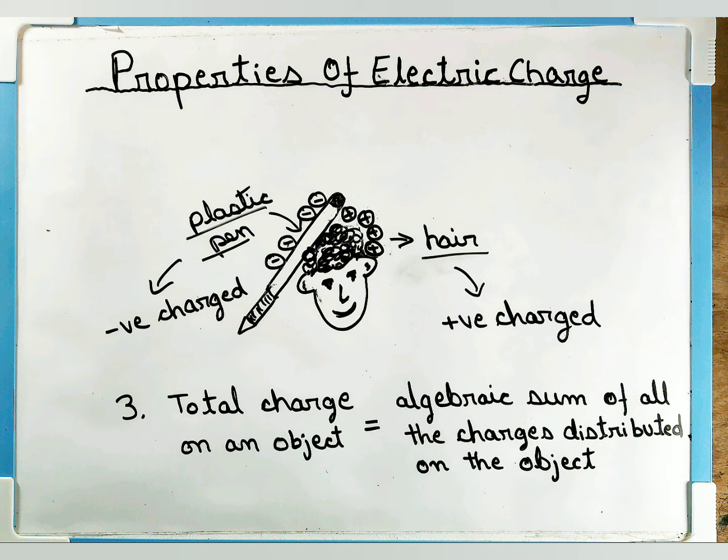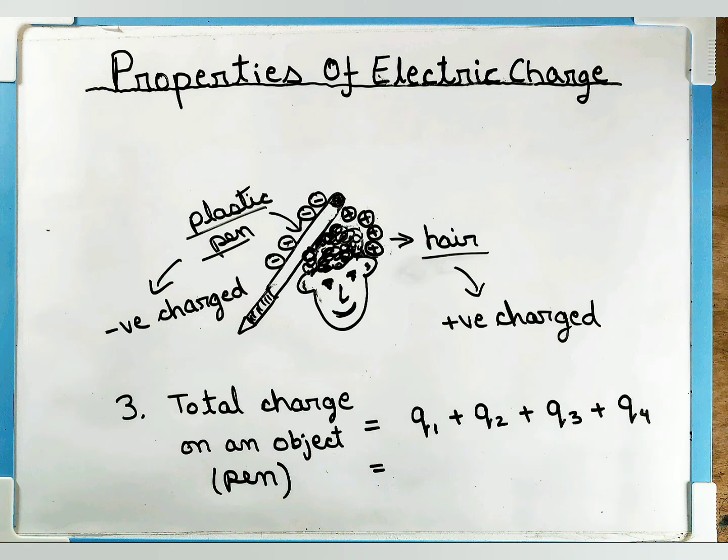So if we take the plastic pen, here we have electrons distributed on the surface of this plastic pen. So the amount of charge here, say, is small q, and this small q will be equal to q1 plus q2 plus q3 plus q4.